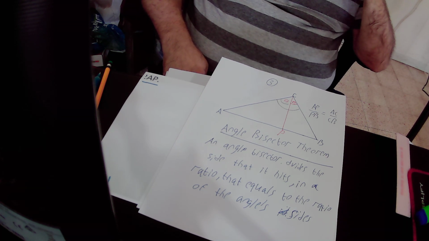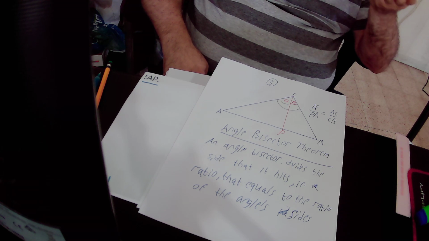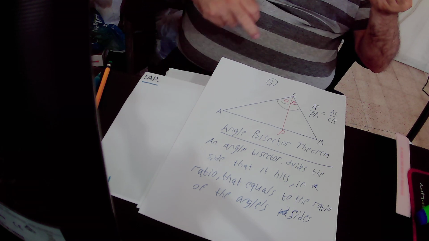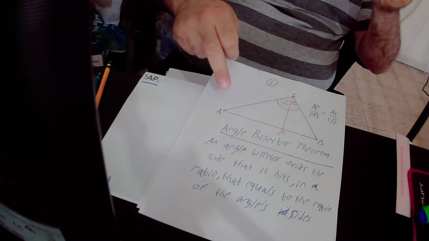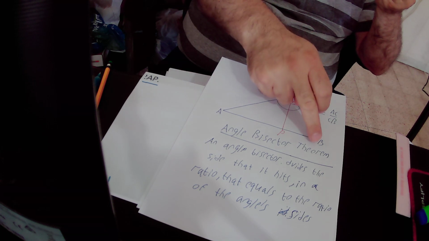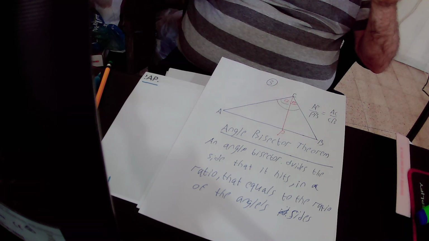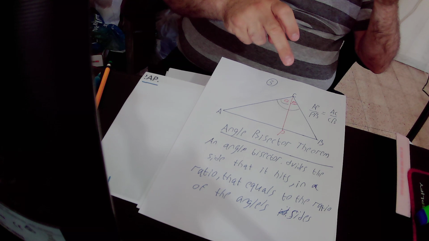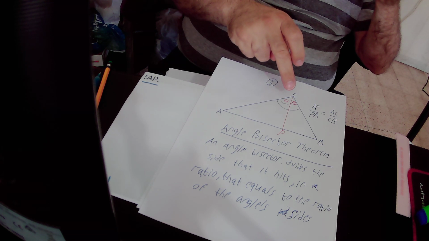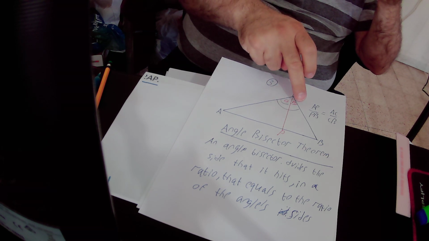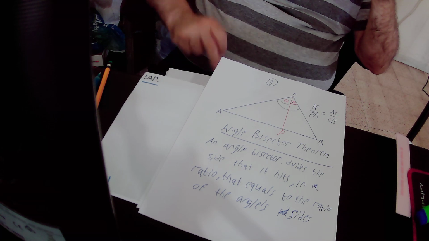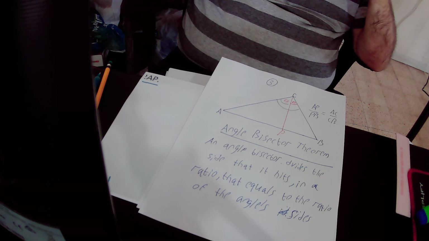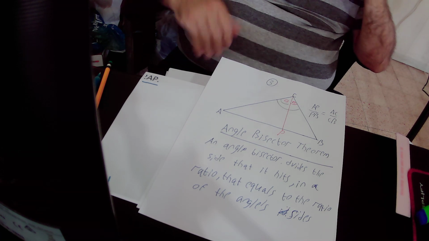Again, I repeat that the angle bisector is defined as an angle bisector because it divides angle ACB in the triangle into two equal angles, angle theta and angle theta. That is the reason it's defined as an angle bisector.